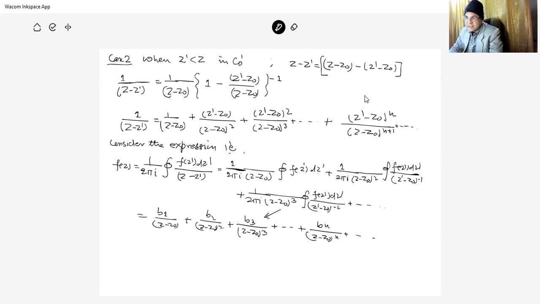And this can be expressed as summation n equal to 1 to infinity Bn upon (z minus z0) to the power n.